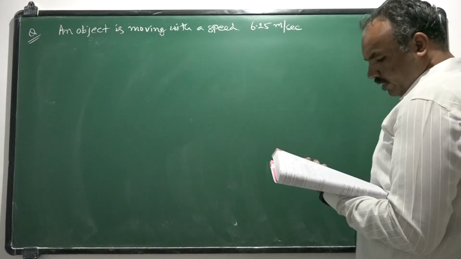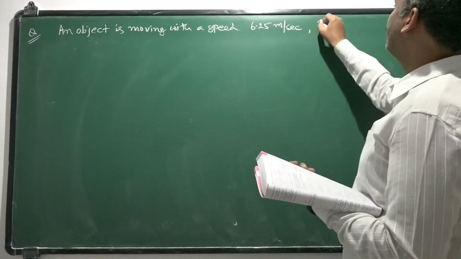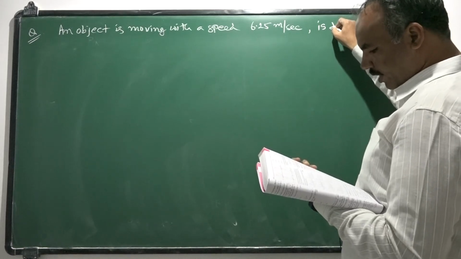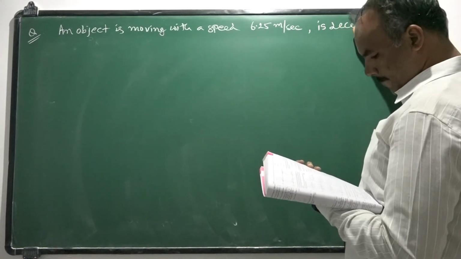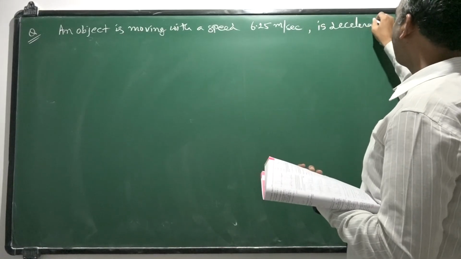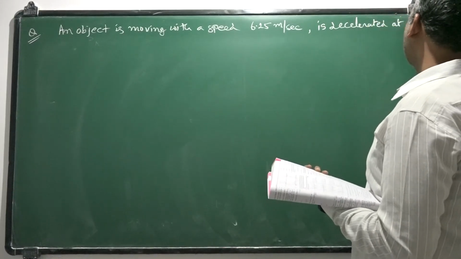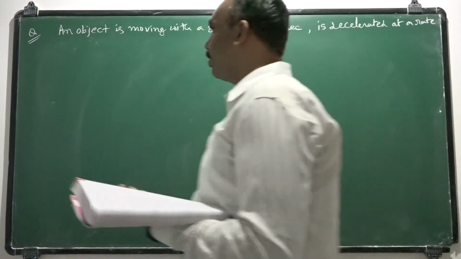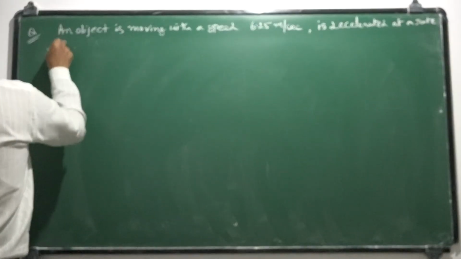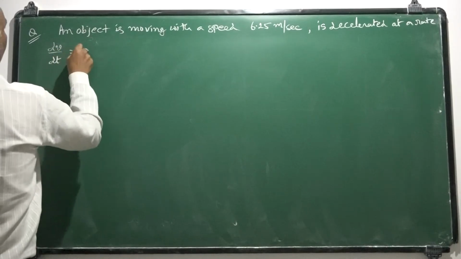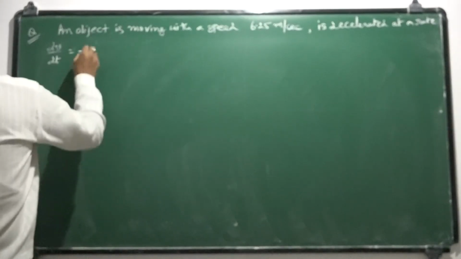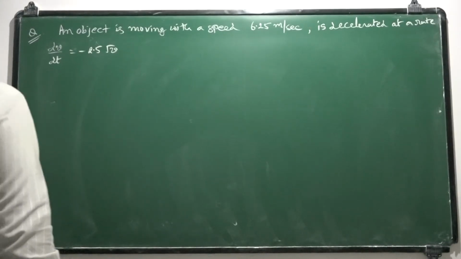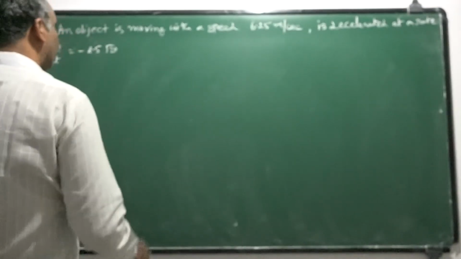It is decelerated at a rate dv by dt equal to minus 2.5 root v, where v is the instantaneous speed.